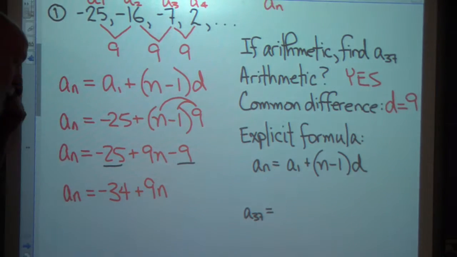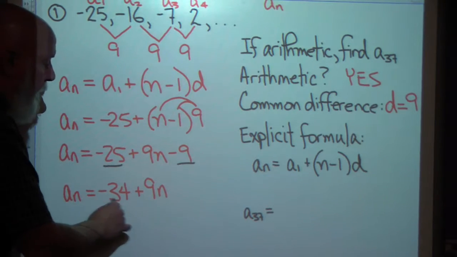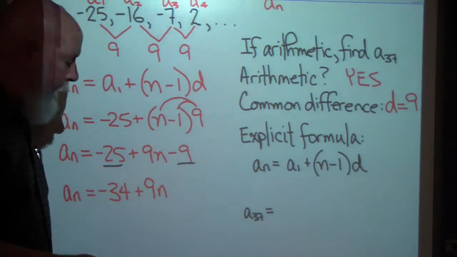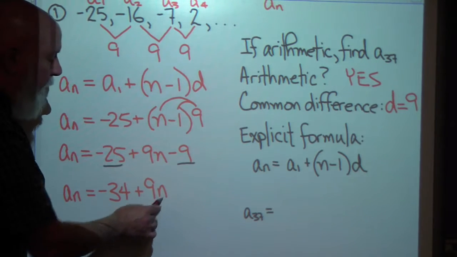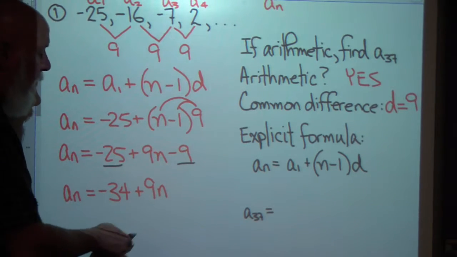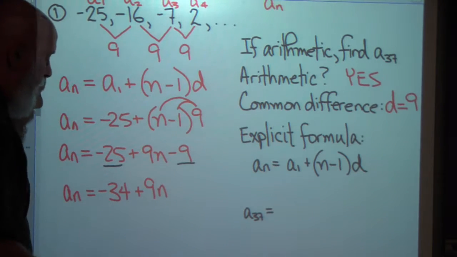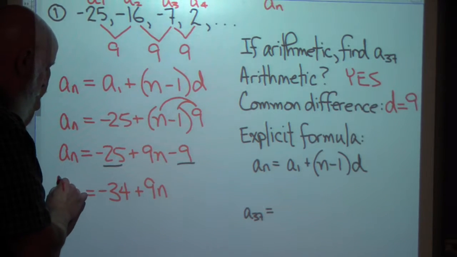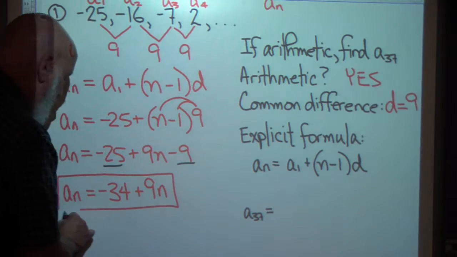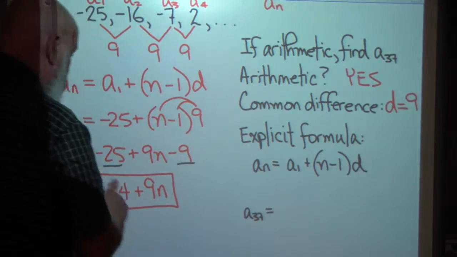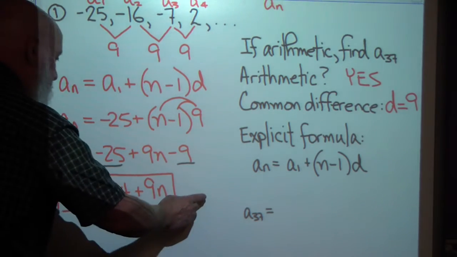Now, a lot of times I would put the 9n first and the negative 34 second, but the worksheet that you guys are going to be doing today lists the constant first and the variable term second, so that's how I'm going to leave it. Normally I put 9n minus 34. But here's what we'd be looking for. That is the explicit formula that you'll be asked for on today's worksheet.